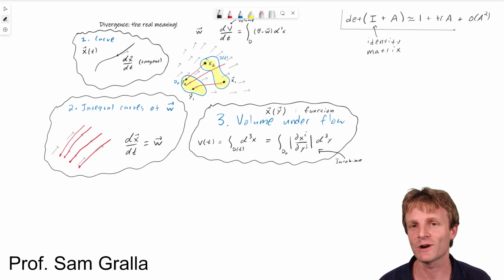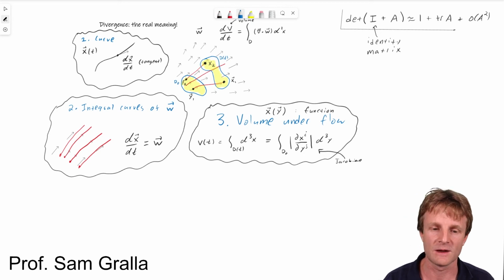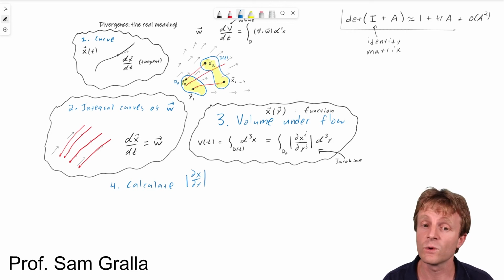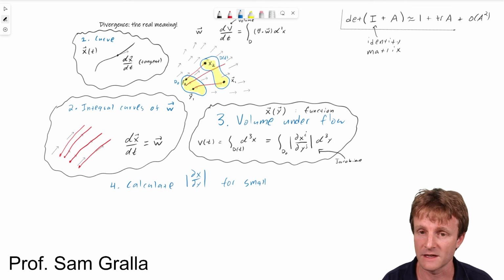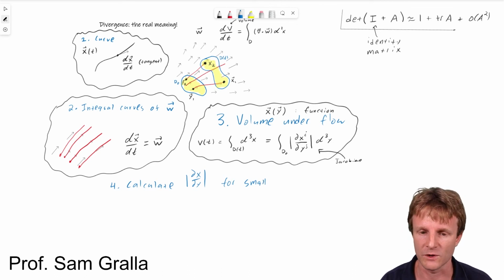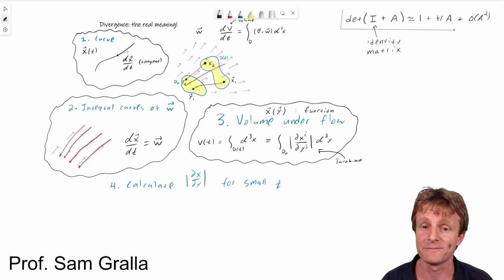I don't want to get too far afield deriving it, but we're going to need it for step 4, where we calculate. So we're going to calculate this Jacobian determinant, ∂x/∂y, but we're going to do it for small t, because ultimately we want a derivative with respect to t, and by Taylor expansion, that's sort of the same thing as for small t. So that's what we have to do using this formula, and let's do it.